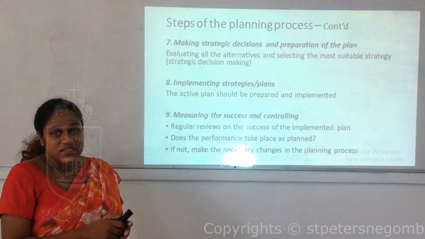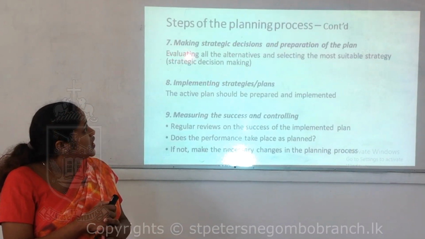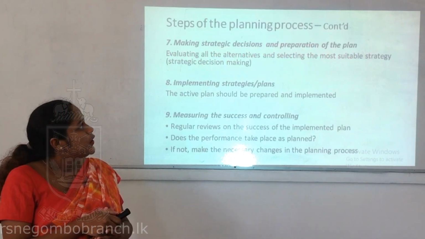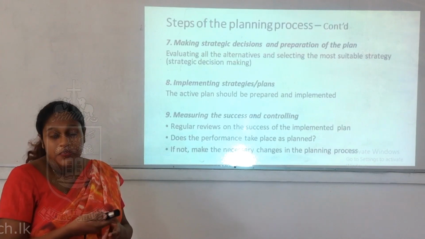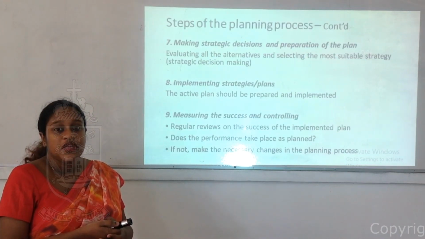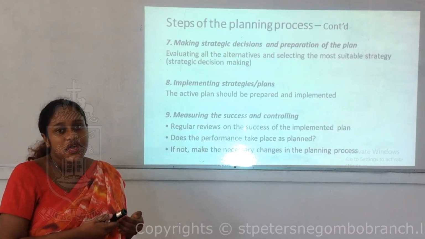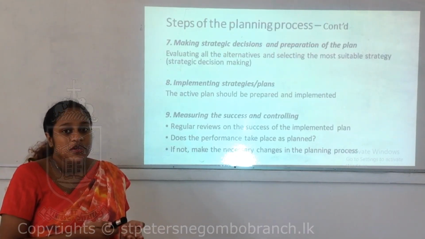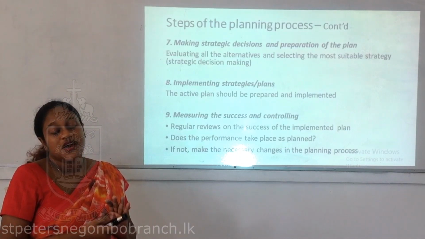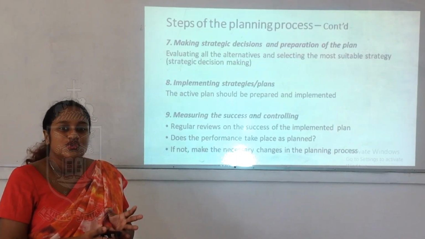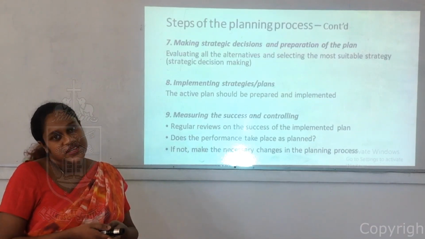And then we come to the seventh stage, which is making strategic decisions and preparation of the plan. If you watched our previous video about the decision making process, we learned that when you have a problem, decision making is about identifying the most suitable alternative or solution out of all the alternatives that are available.